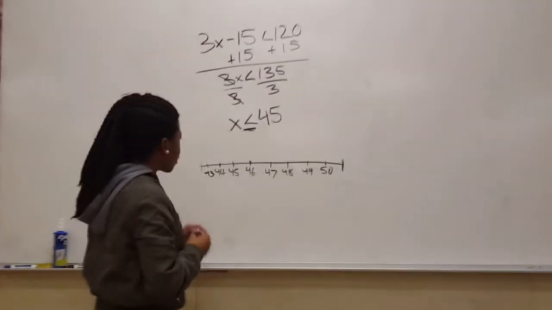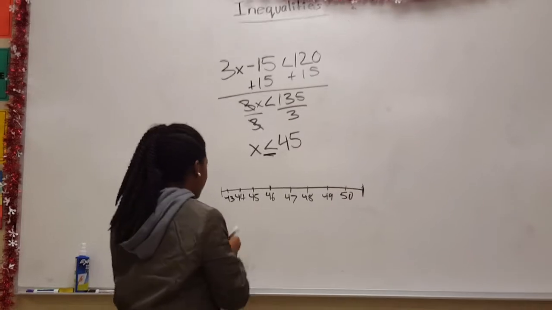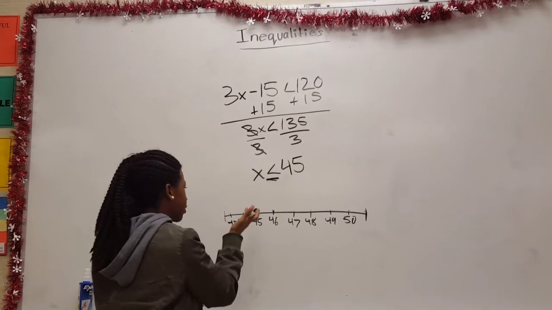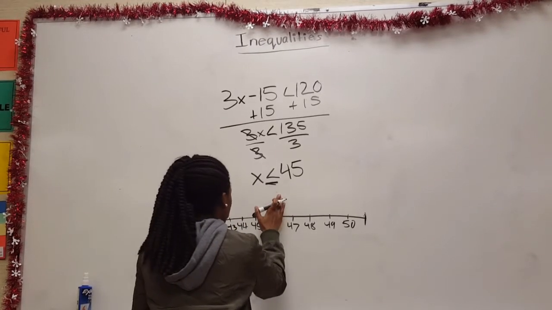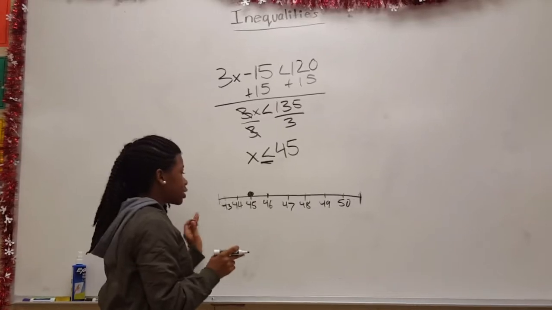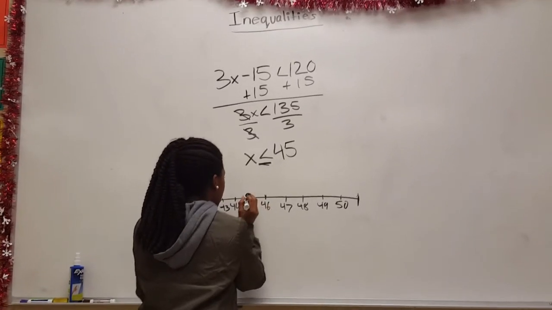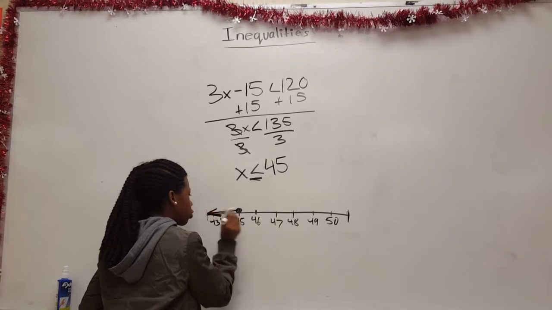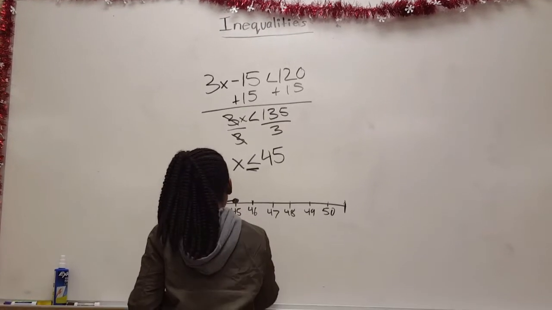But this time, we'll still plot it at the 45, but the circle will be closed since it does say that 45 is greater than or equal to x. So it still points in this direction because x could be less than or equal to. And this is called a closed graph.